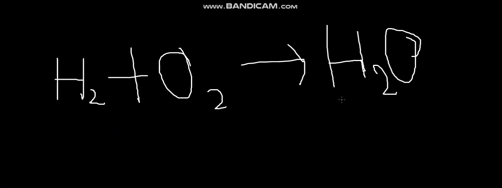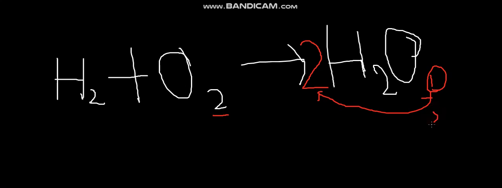We will go step by step. So let's balance the number of oxygens. There are two oxygens on the left, but only one on the right. What will happen if we multiply the oxygen on the right by 2? One times 2 is 2, so there are now two oxygens on the product side.